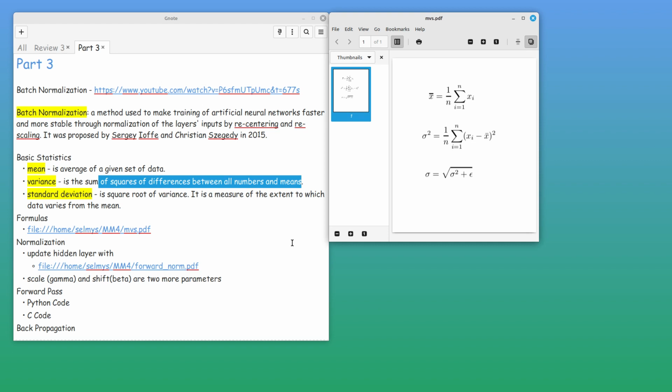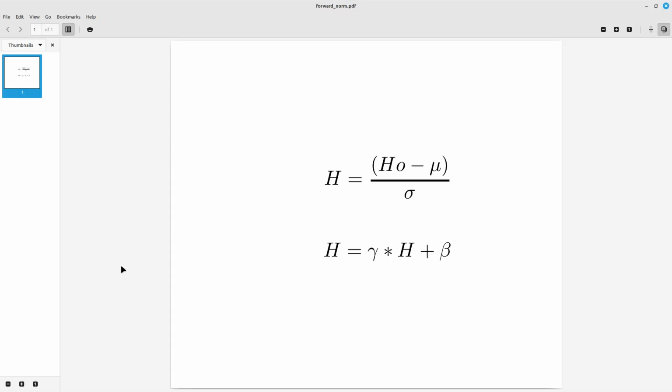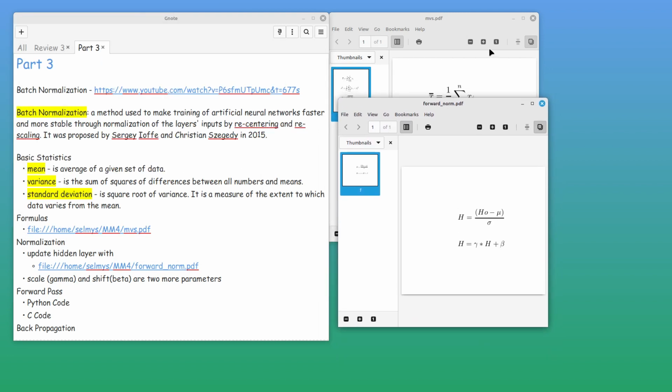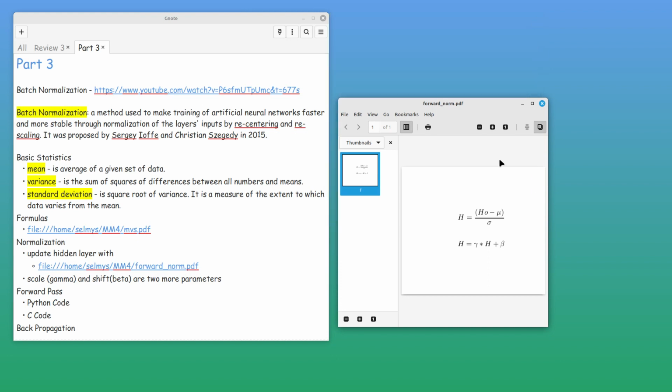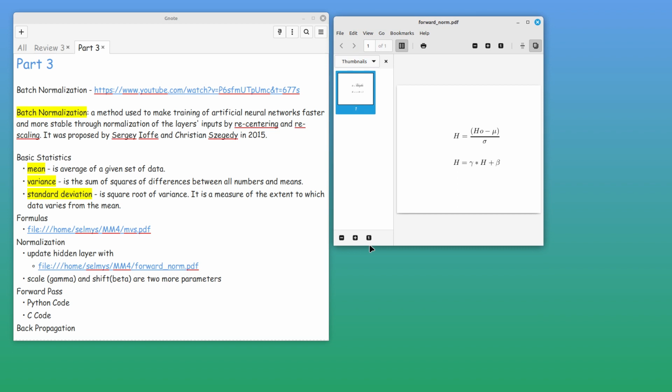Okay, so what we're going to have to do now is go through and update the hidden layer. Let's take a look at what I've got here. To normalize the hidden layer, these are the two formulas we're going to use for normalization.